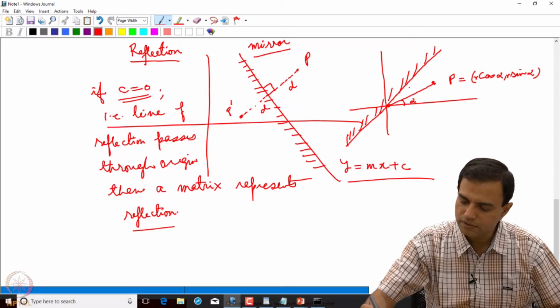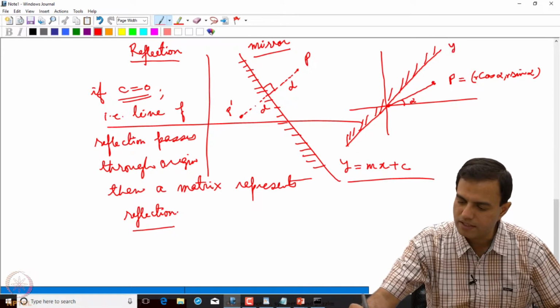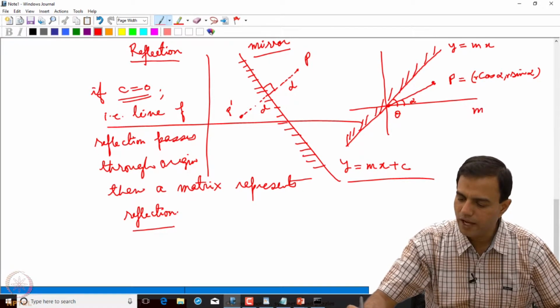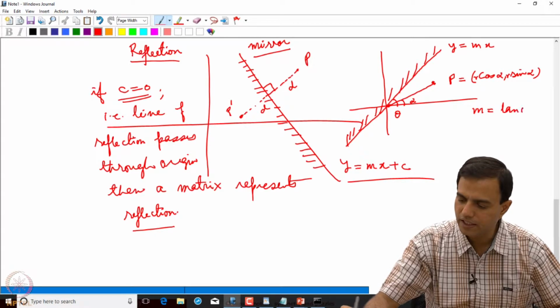Suppose this is line y is equal to mx, then this angle is theta, so m is actually just tan theta.